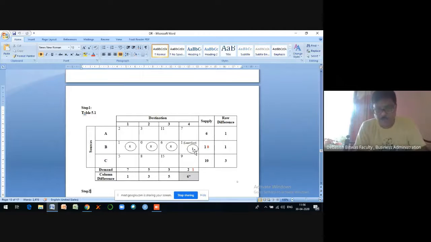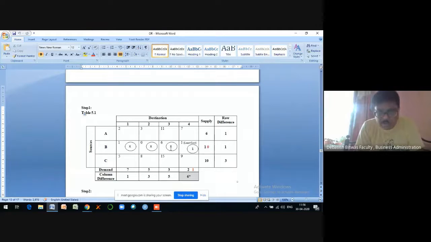So now, after allocating 1, the supply side will be 0, because 1 minus 1 is 0. That's why I have written 0 here. You will not write it; for your understanding, I have written 0 here. So what it implies is that we have allocated 1 to this cell, and on the supply side there is 0.